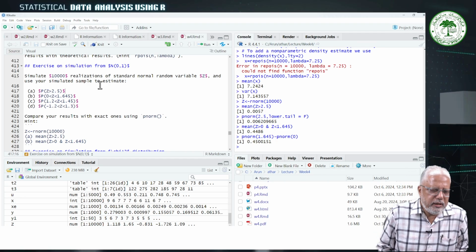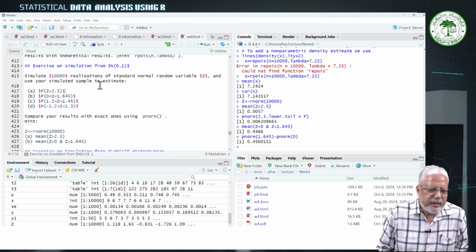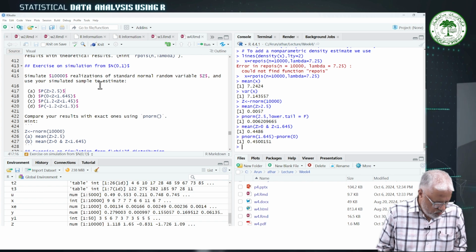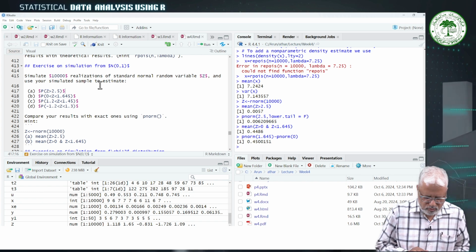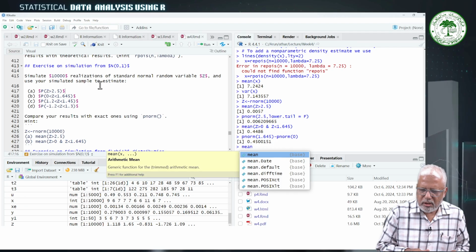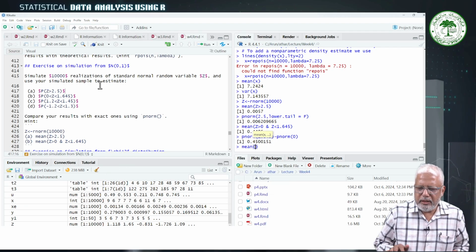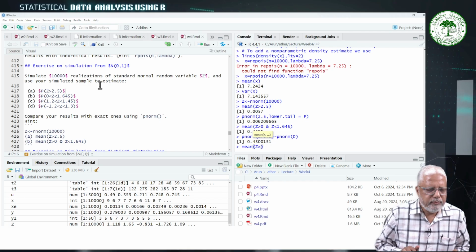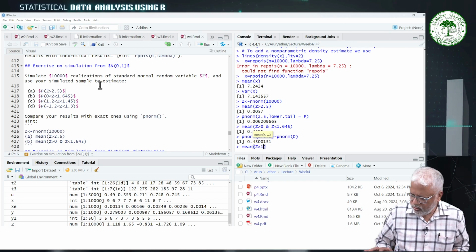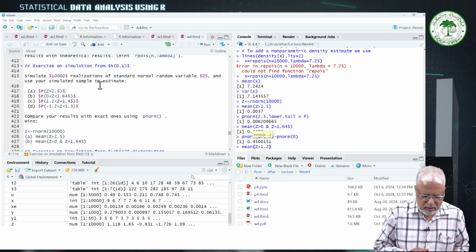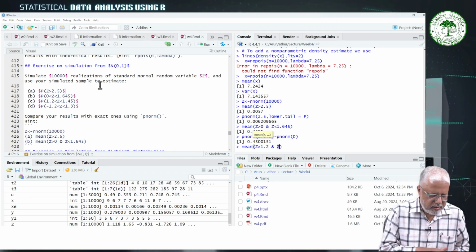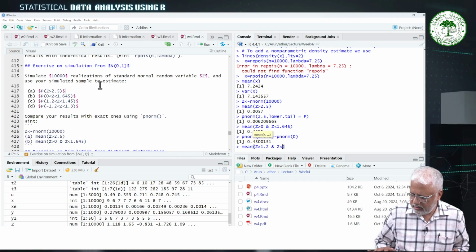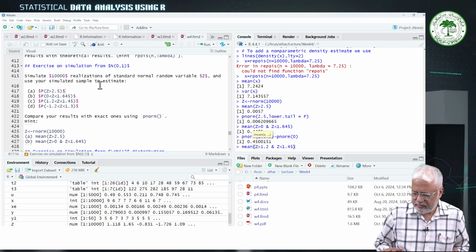Similarly, in the case of the probability between 1.2 and 1.45, we take the mean of z greater than 1.2 and z less than 1.45.